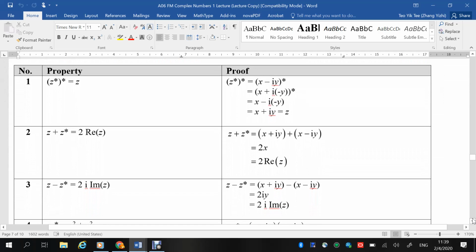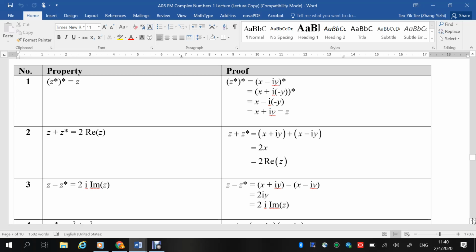All these properties are on page number 7 of your lecture notes. Page 7, correct. All in all, you have 8 properties down there. Look at the properties and look at the proof in the right hand column. Is the proof difficult?